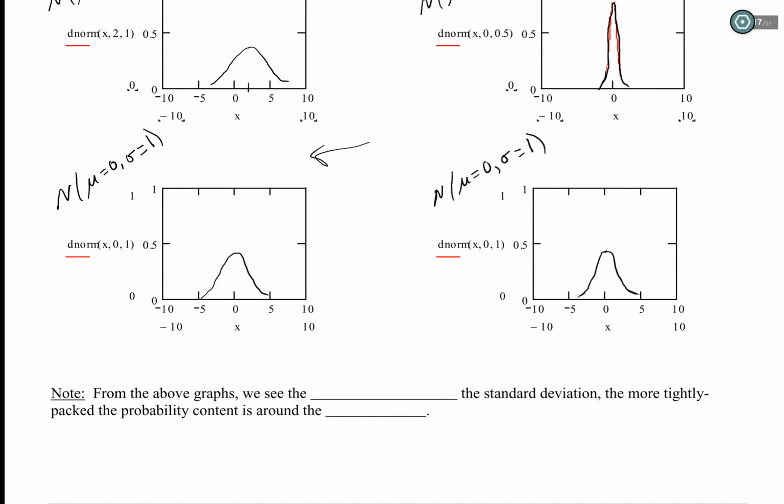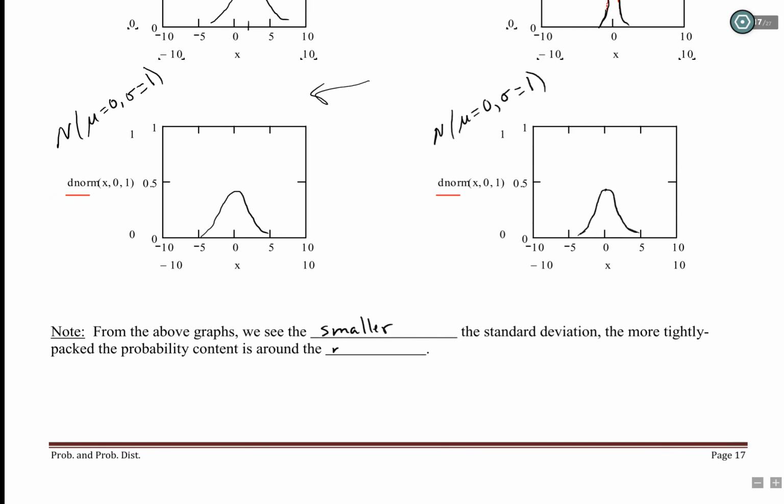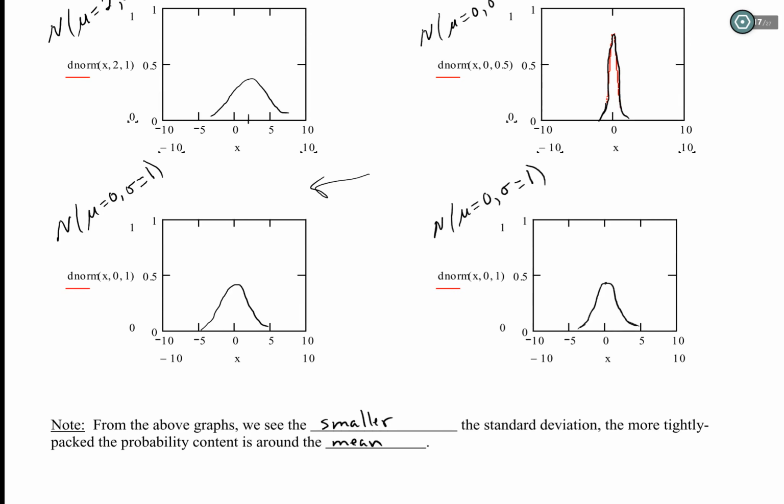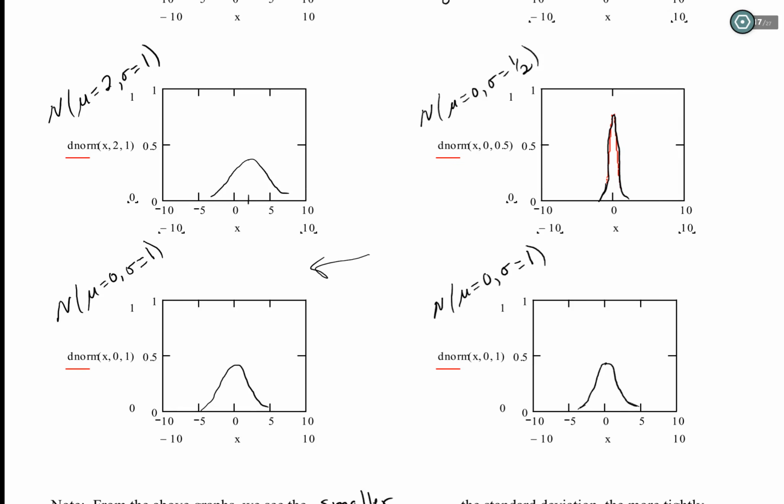But the point is, from the above graphs, we see that the smaller the standard deviation, the more tightly packed the probability content is around the mean. Mu describes the location, sigma describes how tightly packed the distribution is around its mean. So when sigma was 1/2, right here, it had the tightest distribution about the mean there. Okay.